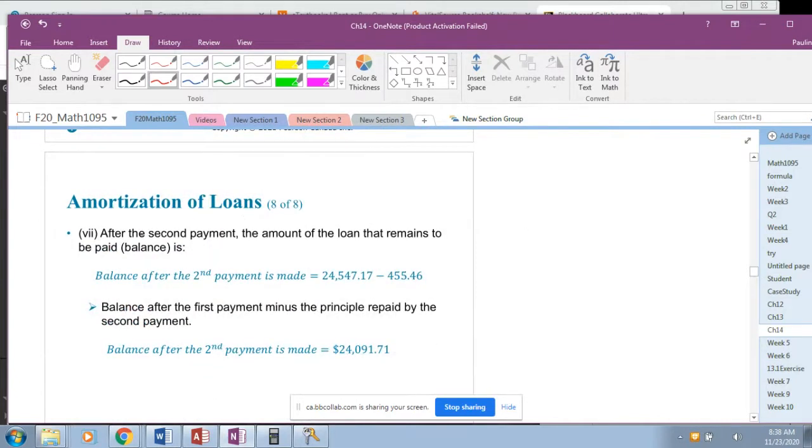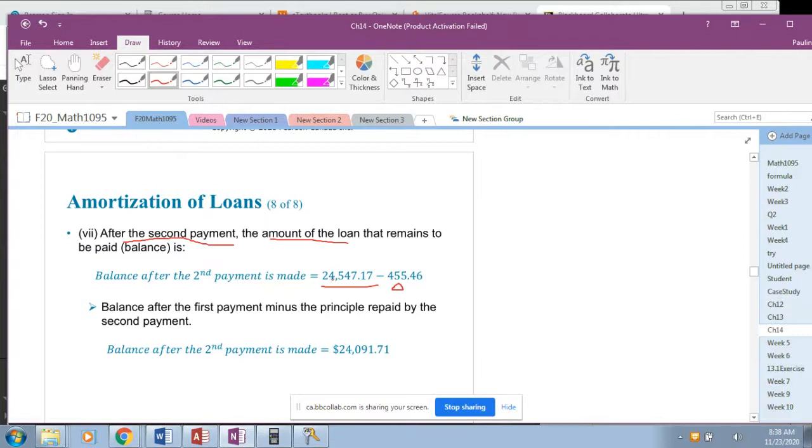Next question. After the second payment, how much of the loan remains to be repaid? So you use the balance. You use the number we got minus the principal portion of the second payment.